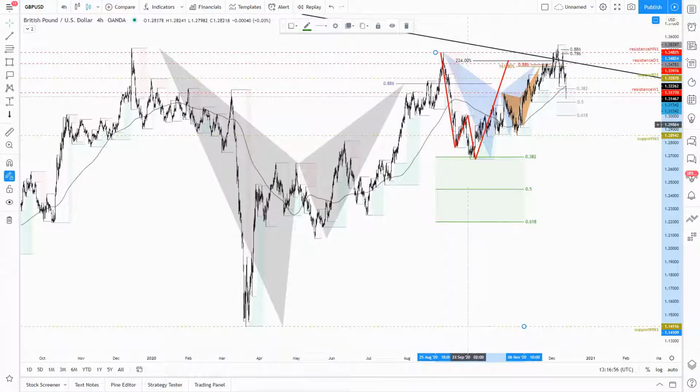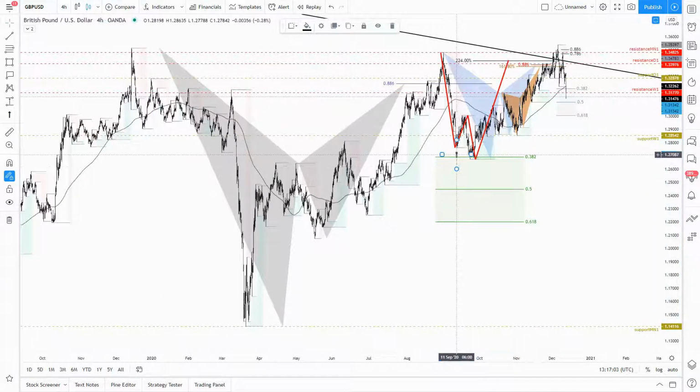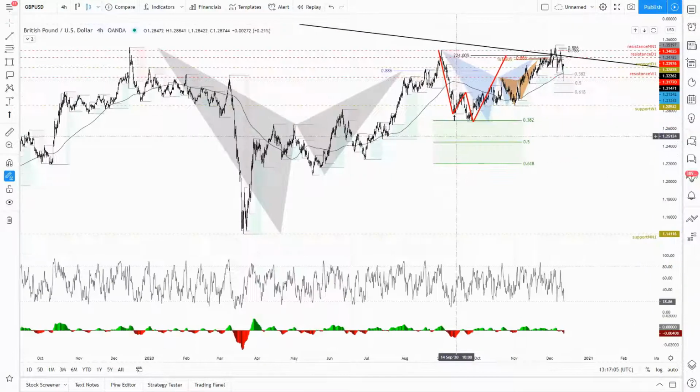Then with a false breakout below these lows, we have one first low here, oversold for sure, market oversold both on MACD and RSI.